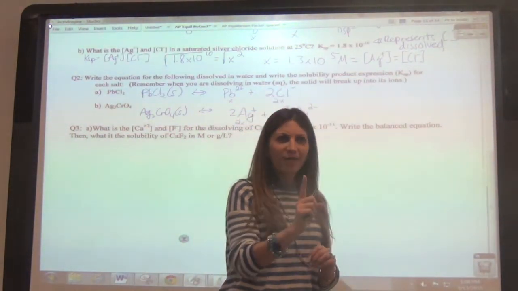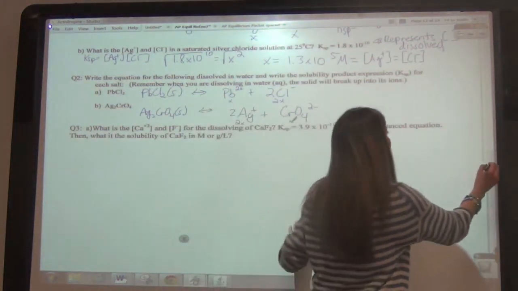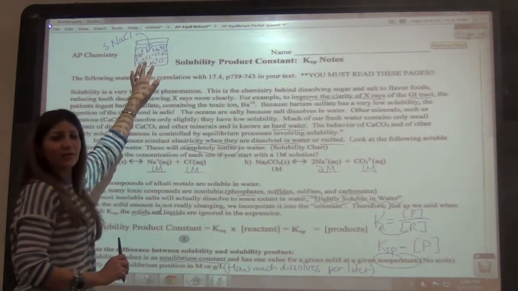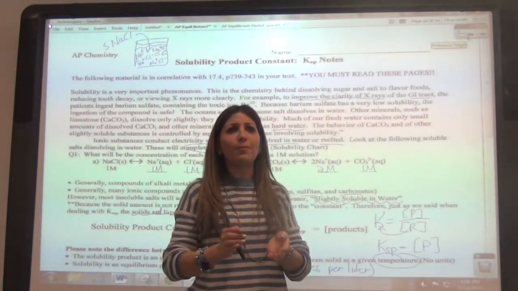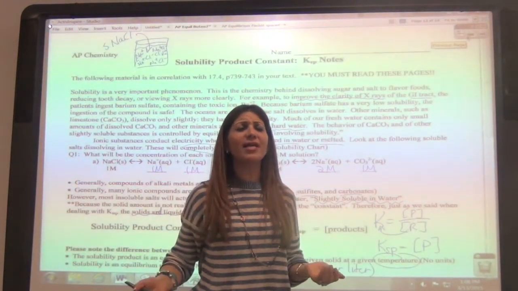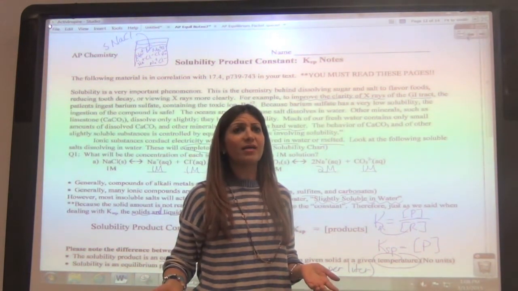If they give you one of them, you can always figure out the other one, because if we come back to the picture that we did up at the top with the NaCl, if I told you that your NaCl broke up and you ended up with 10 Cl minuses, how many Na pluses do you have to have? 10. Why?